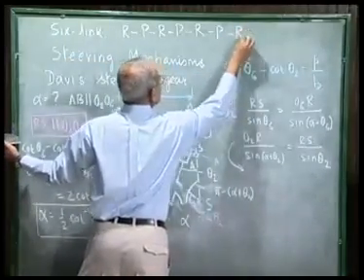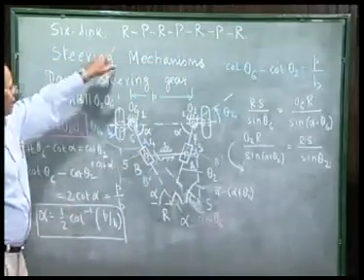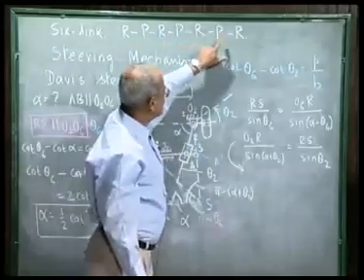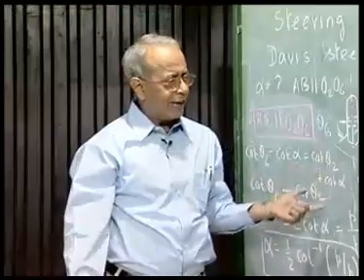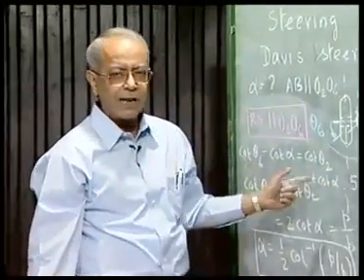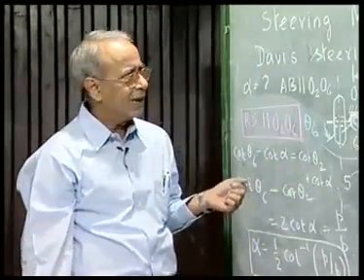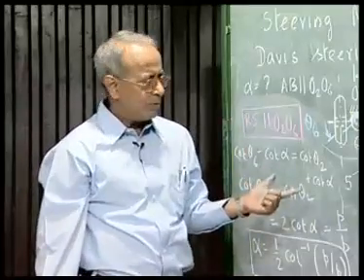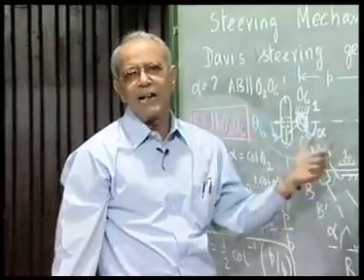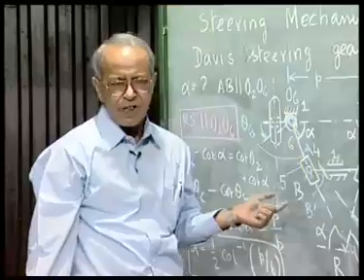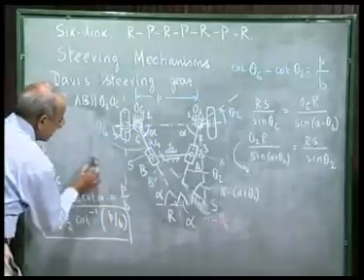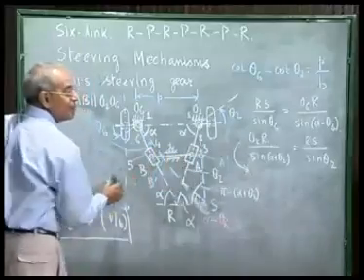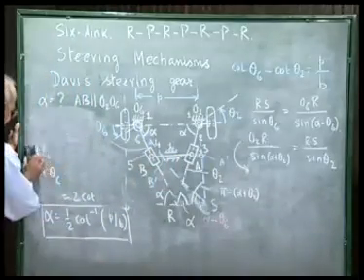So, it has 7 lower pairs alternately RP, RP, RP, R. Though this Davis steering gear can maintain the perfect steering condition for all radii of turning, it is cumbersome to make because there are so many prismatic pairs and it is difficult to maintain. So, Davis steering gear is a 6-link mechanism with 3 prismatic pairs and 4 revolute pairs.